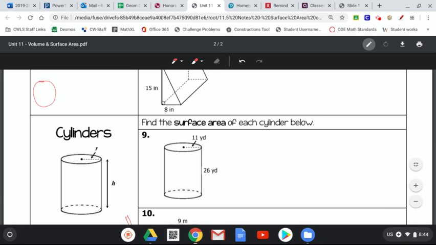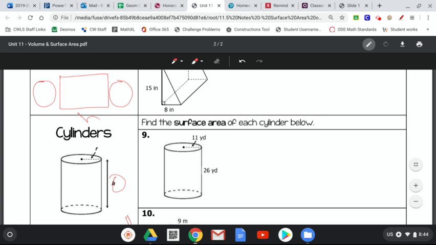That would be the top and the bottom, all right? And then the space in between is a rectangle. So that height right here, that would be this H right here. That'd be that side. So that's kind of what we call the net. If we just pull that 3D shape apart and made it two-dimensional, it's two circles and then a rectangle.